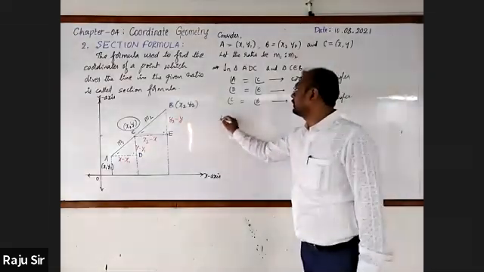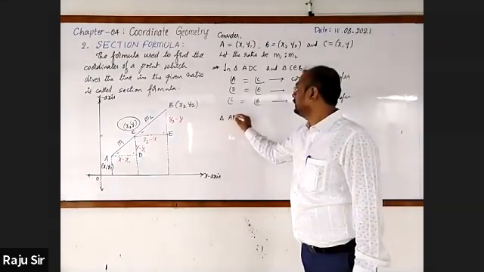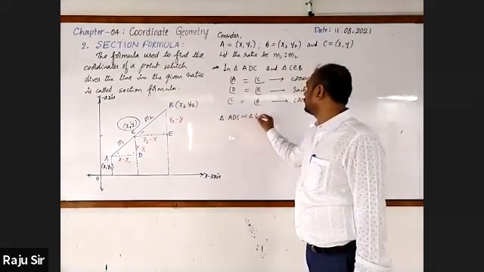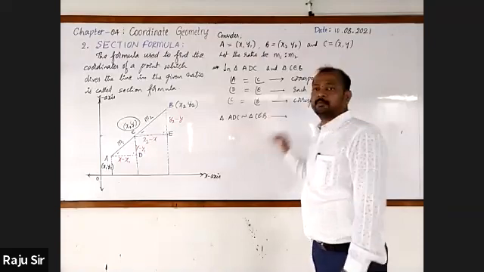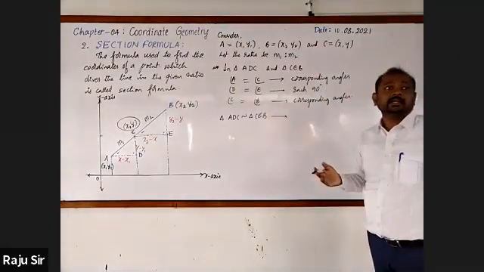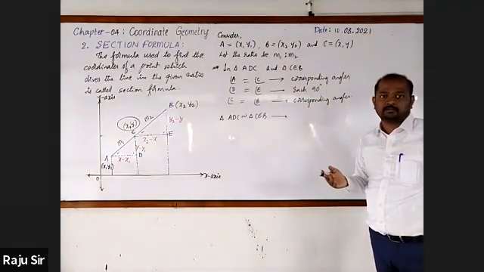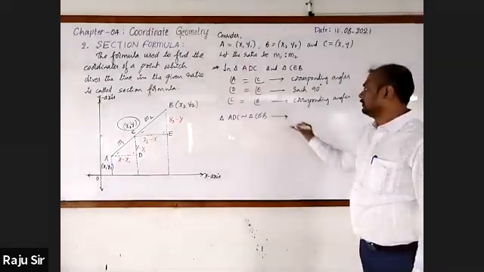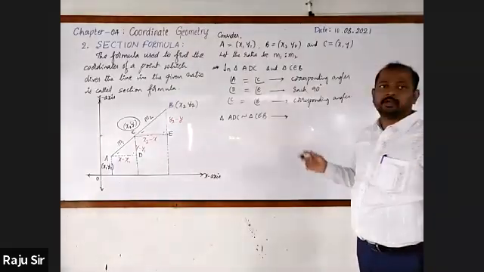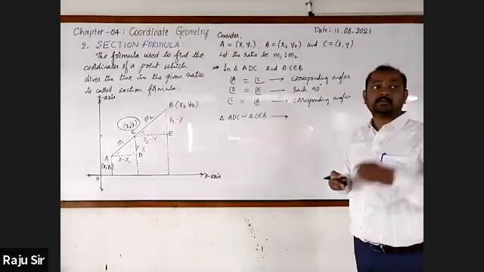Next, you can write triangle ADC is similar to triangle CEB because the triangles are equiangular. Or you can write the similarity concept like congruency.